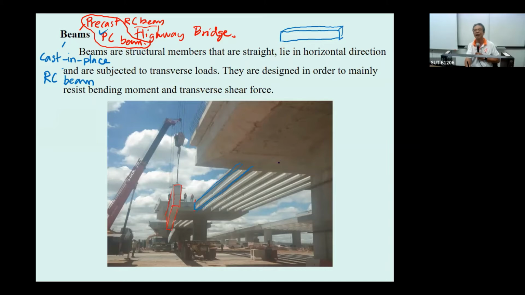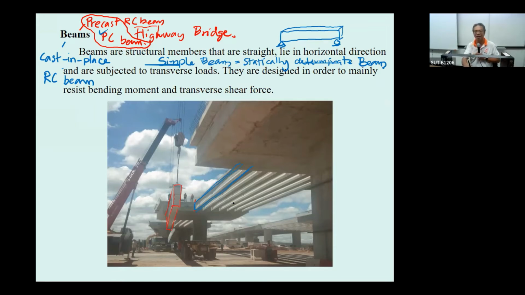And this beam is a kind of what we have studied before, a simple beam. Many times we call it by the full name, statically determinate beam, which we have studied in engineering statics, mechanics of materials, and theory of structures.